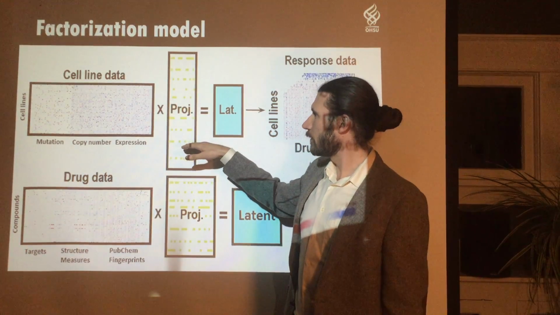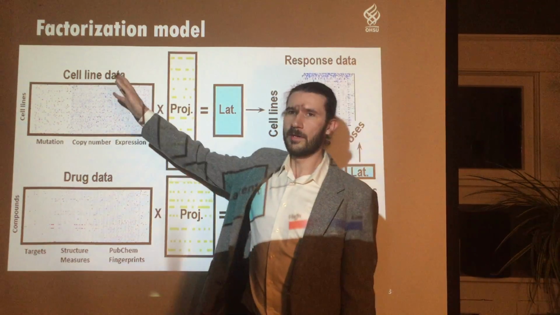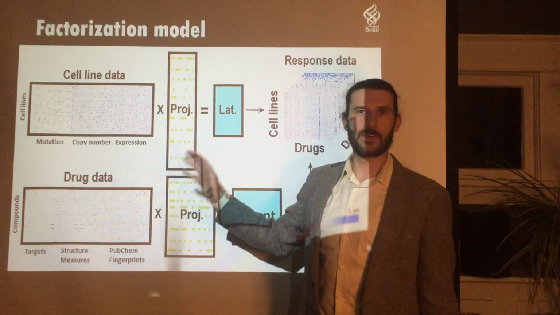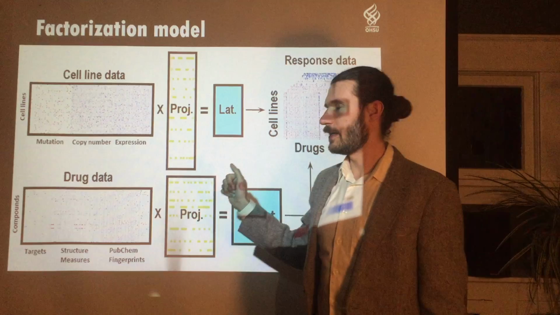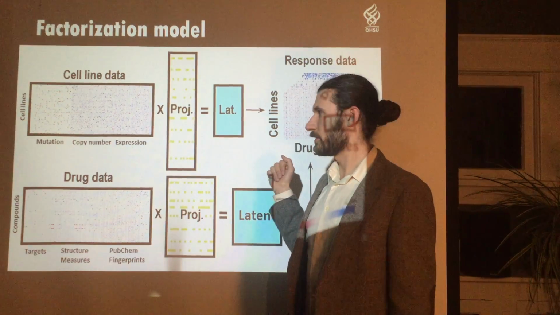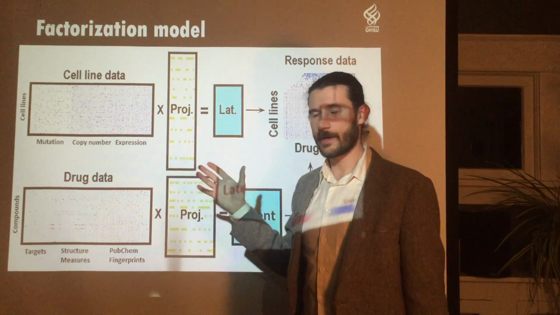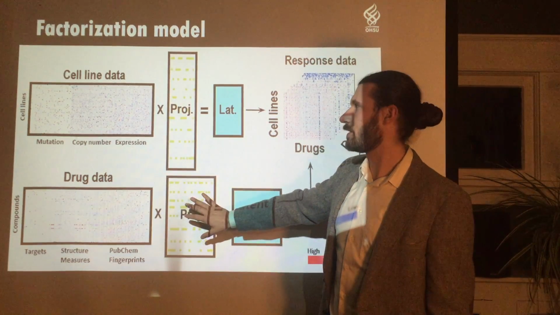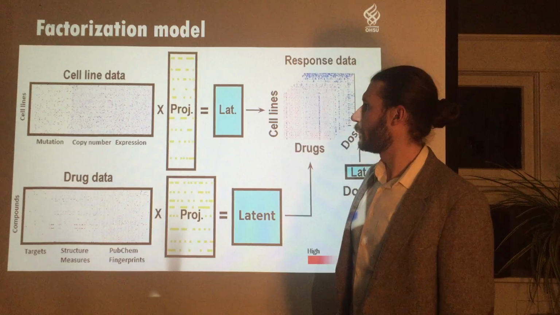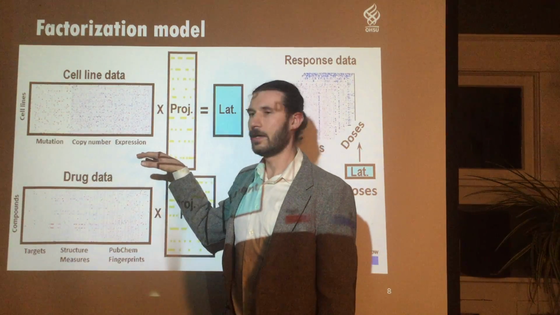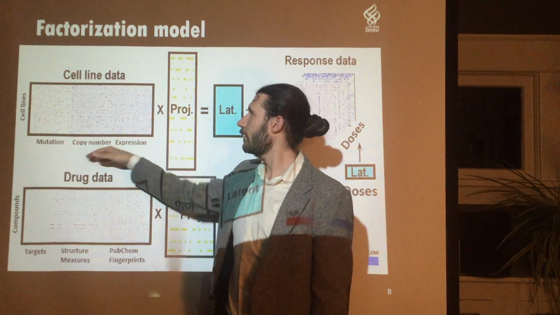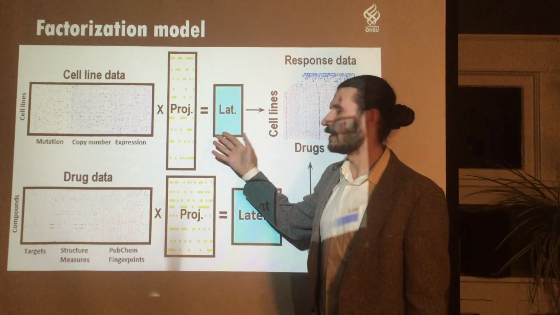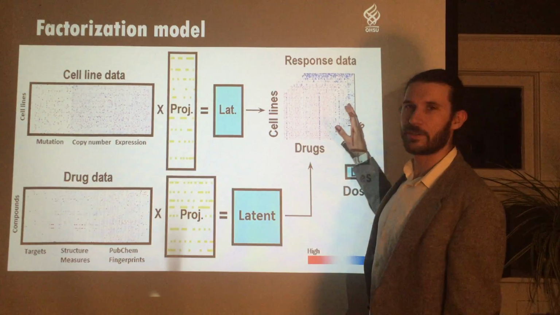And if a row is not 0, one row here corresponding to one piece of information, be it gene expression value or copy number data, that's useful in predicting a response for that cell line. So the algorithm learns these distributions on these projection matrices and can then predict by just multiplying a new cell line with the input information by this projection matrix, forming the latent representation in order to form the response data.